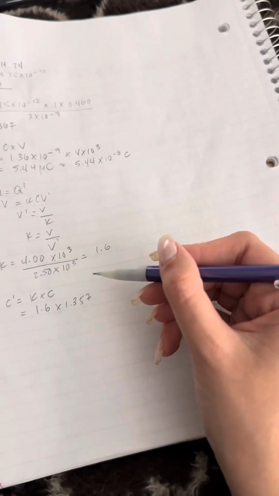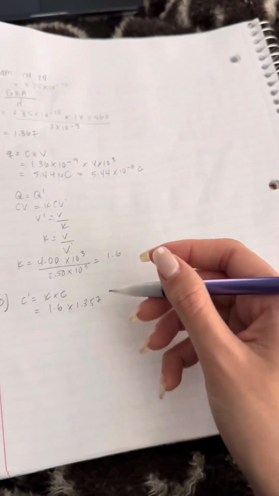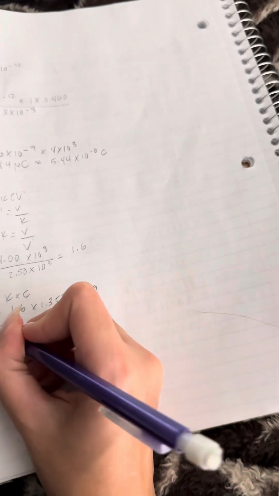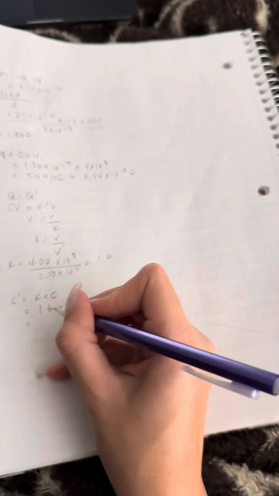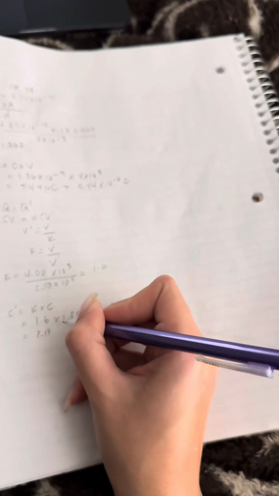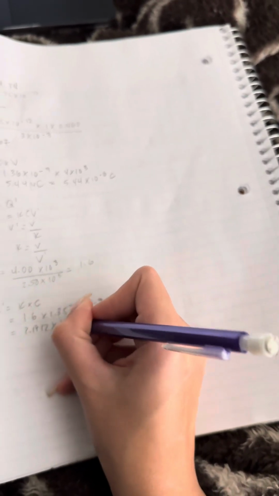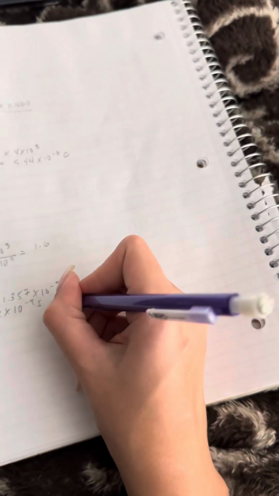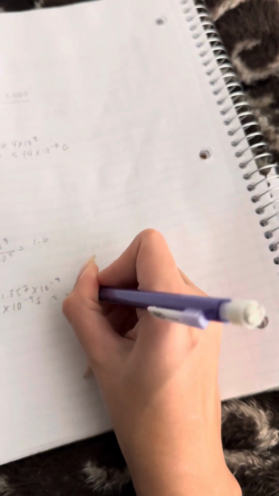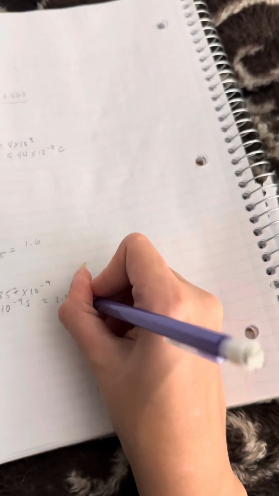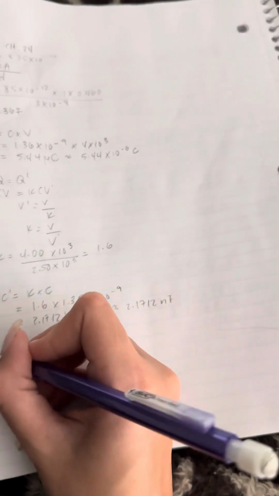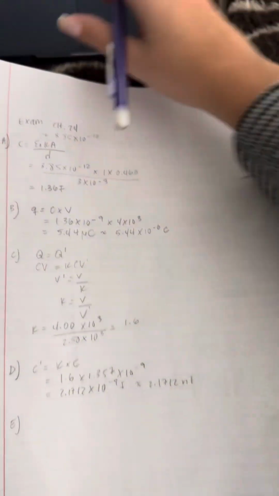You can use either, but this is just so we can get a more accurate answer, times 10 to the negative 9. Plugging this into our calculator, we get 2.1712 times 10 to the negative 9 F, or alternatively, we can say 2.1712 nF. Both of these answers are correct. Feel free to choose whichever. So this would be the answer for part D.